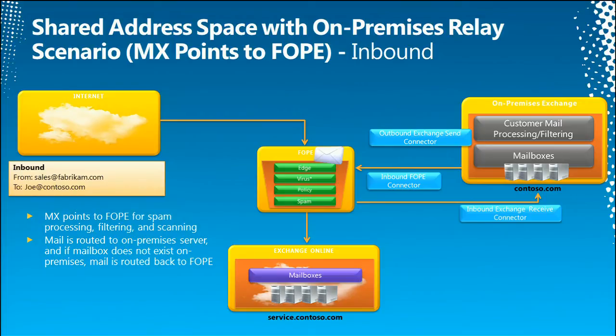One user sending to another user on-prem probably doesn't get spam filtered. So you can have that same skipping of filtering applied to the on-premise. But you can actually configure that if you want to. We give you the option to turn on spam filtering if you want to protect mail between your on-premise environment and Office 365.